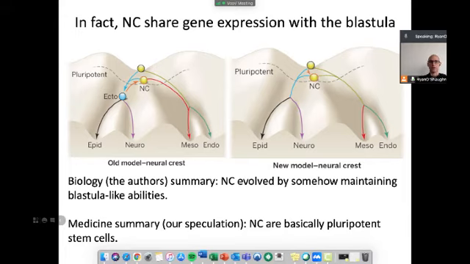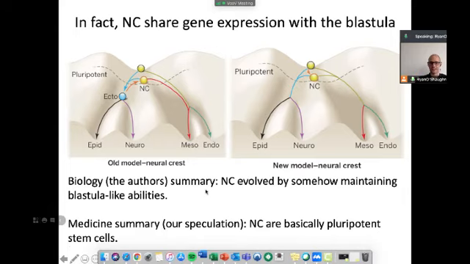So, because neural crest genes share gene expression with blastula cells, the old idea that neural crest cells were ectodermal, then became neural crest cells, and then adopted the mesodermal and endodermal fates is potentially somewhat wrong.